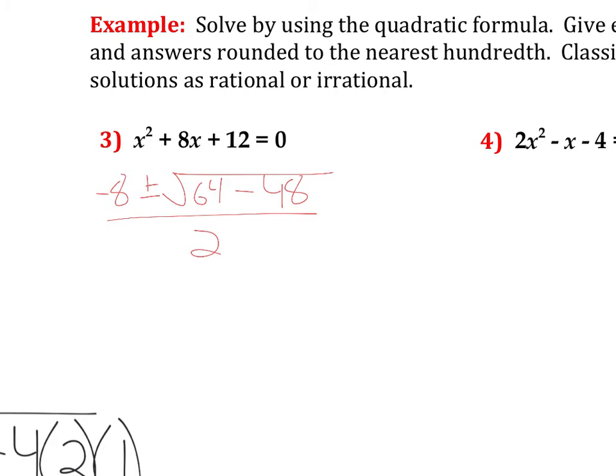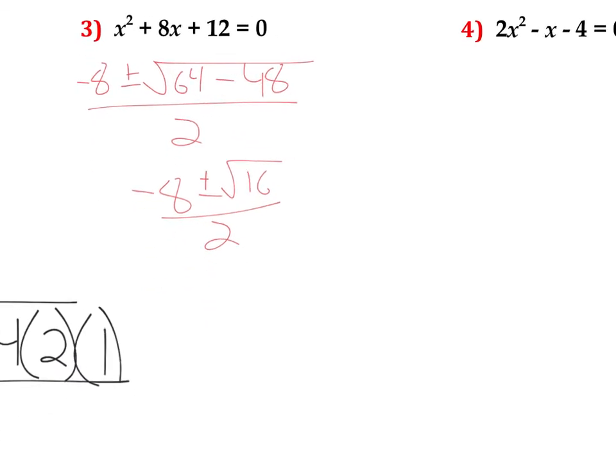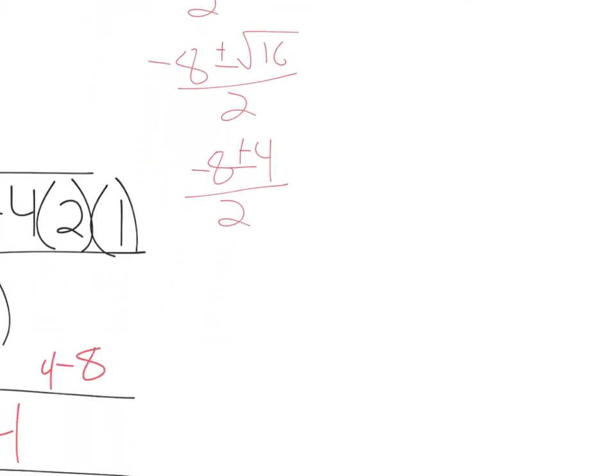All right, so now we continue to solve. This would be negative 8 plus or minus square root of, that would be 16, all over 2. Hey, we know the square root of 16, don't we? That's just 4. So negative 8 plus or minus 4 all over 2. So again, here's where I'm going to get my two answers.